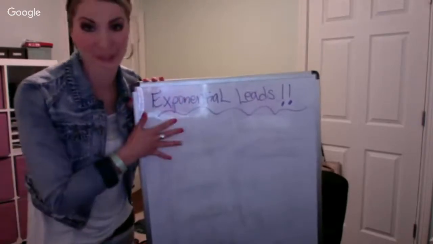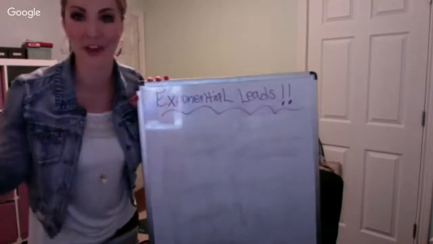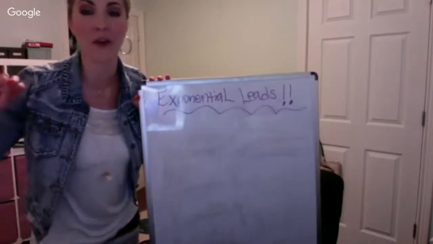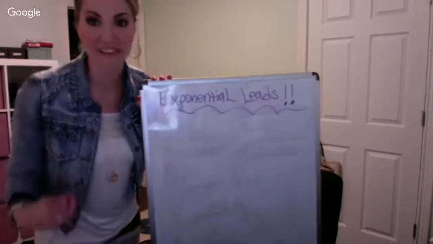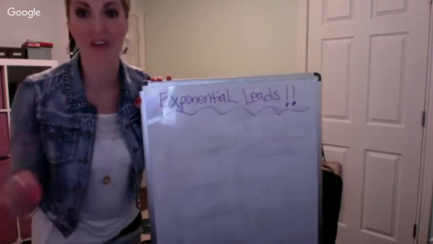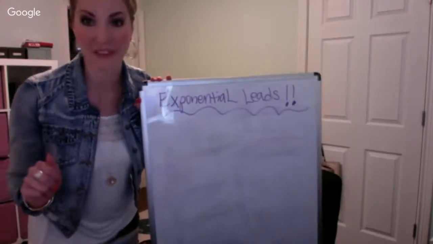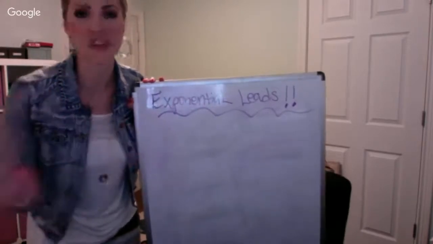This exercise, the exponential leads list, is a way to completely take Mary Kay off of the radar and to just make a pure list of people. You will think of people that maybe you would have never thought of if I told you to just make a list of people. This is going to help you brainstorm without disqualifying people.